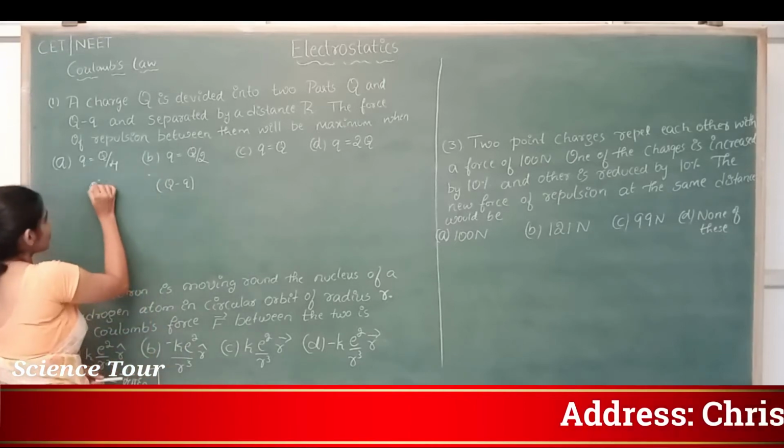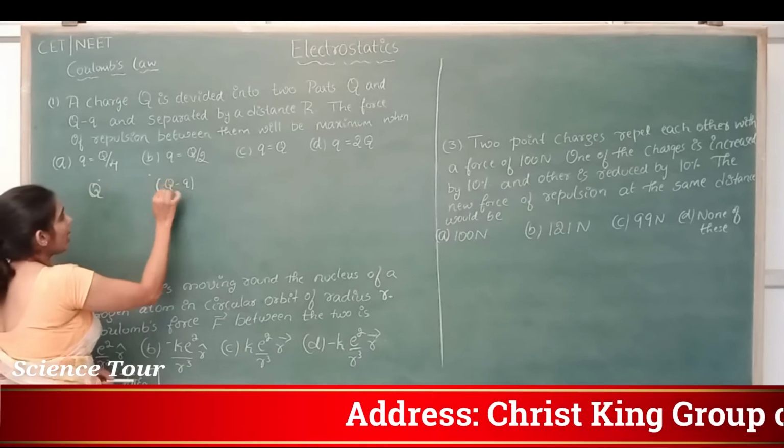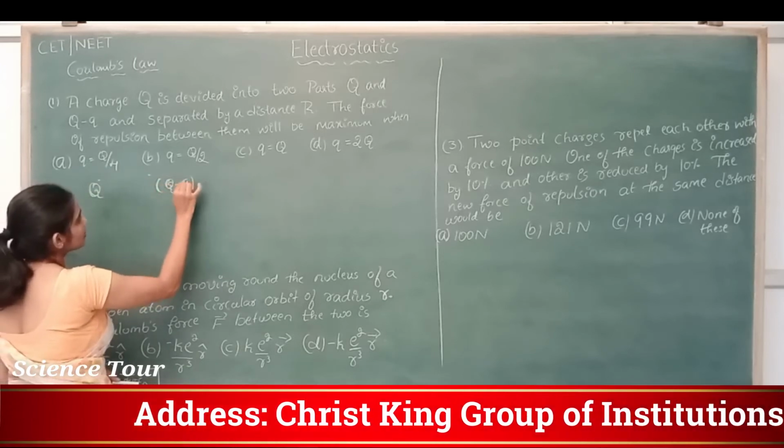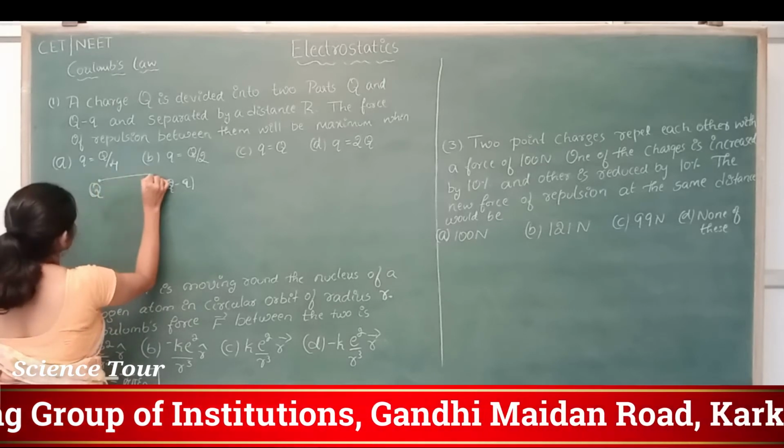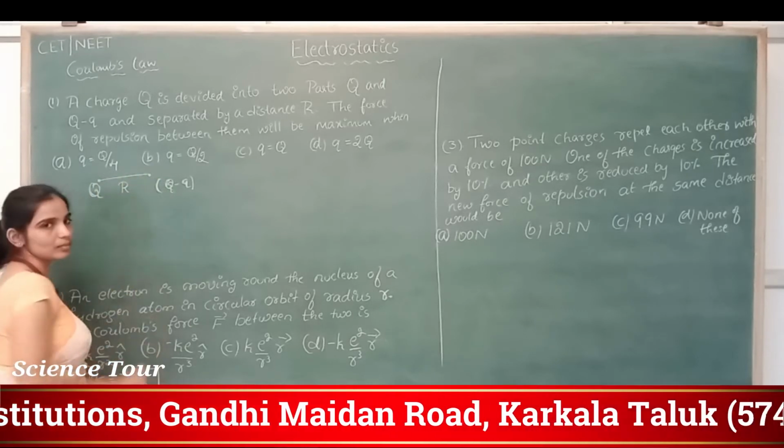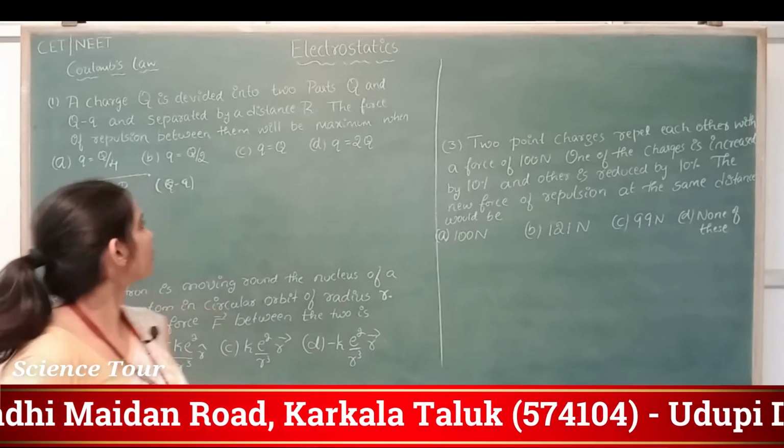These two charges, q and Q minus q, are separated by a distance r. R is the distance separation between them.